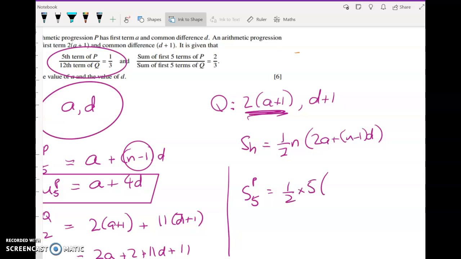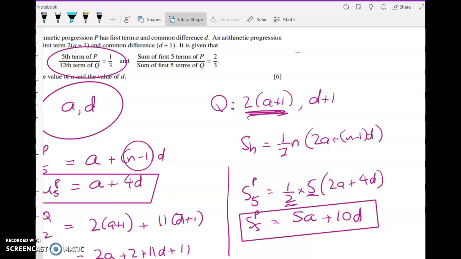And I've got just an A and D for my things in here. So it's going to be 2A plus 4D. That simplifies quite nicely. That gives me 5A plus 5 times 4 over 2 gives me 10. 5A plus 10D. So that's that one done.